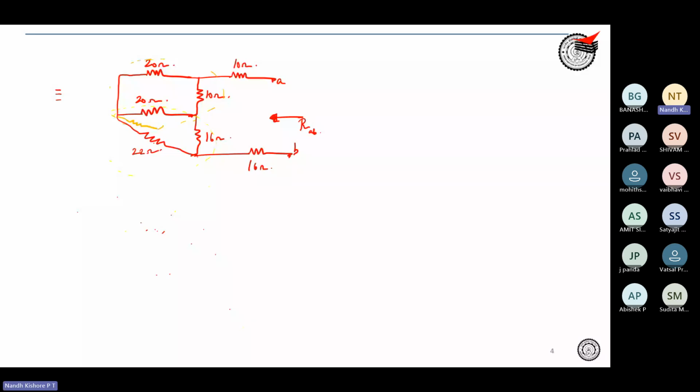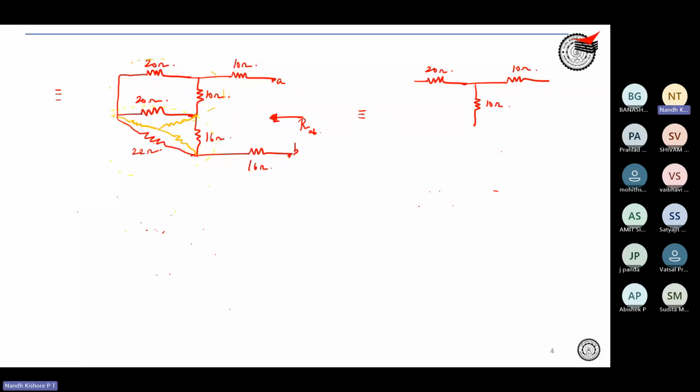Correct. This is the equivalent that we will try to simplify. So this can further be drawn as 20 ohm, 10 ohm, 10 ohm, right?